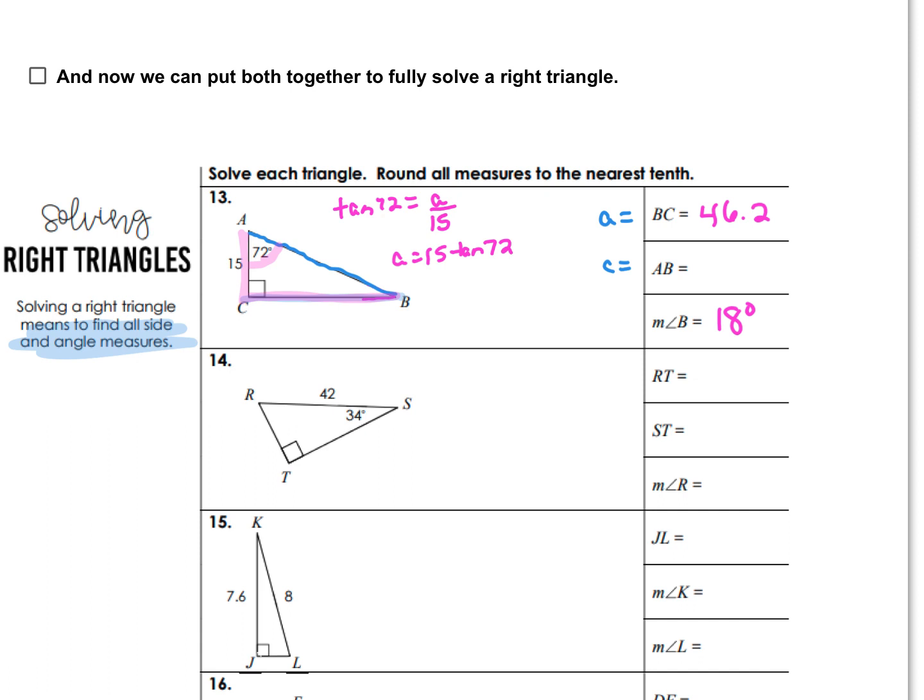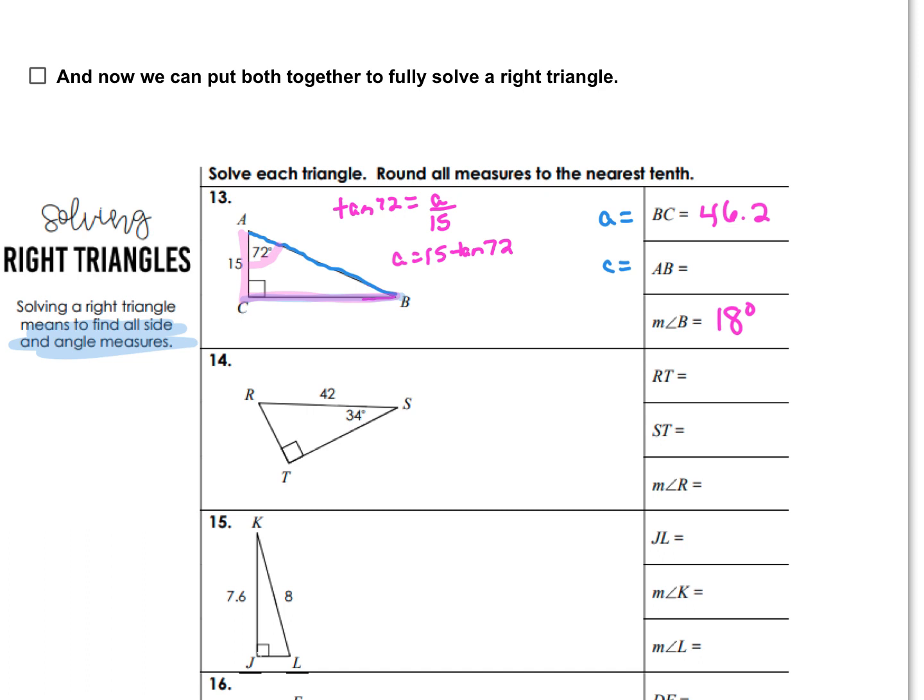Okay. We're also looking for side C. For me personally, I do not want to go to Pythagorean theorem at this point. I would rather use that as a check after the fact. I still want to use my trig so that I can use Pythagorean theorem as a check afterwards.